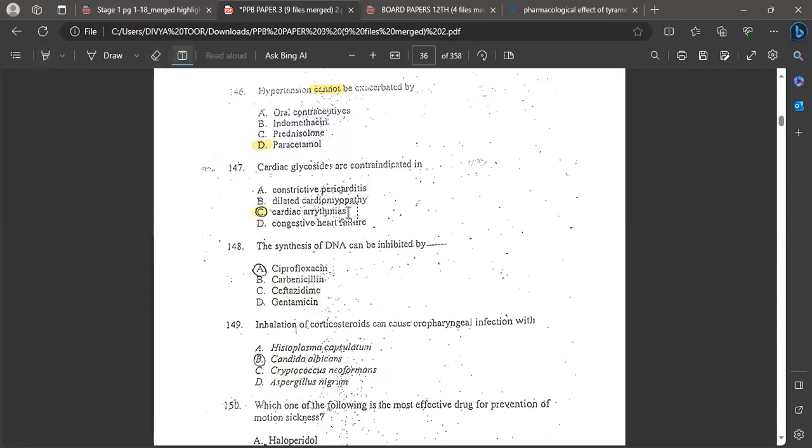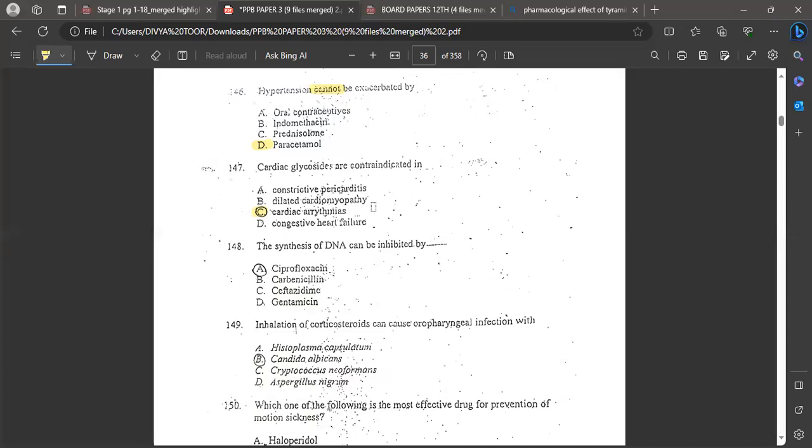Because even just from the name, cardiac glycoside, it's like we're giving glucose to the heart, therefore increasing the heart rate, and we already have arrhythmias.